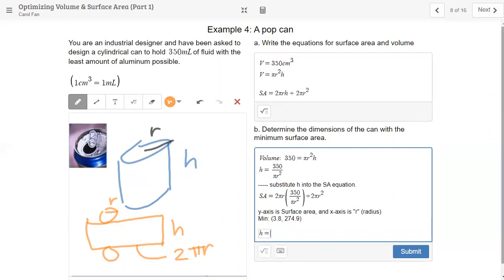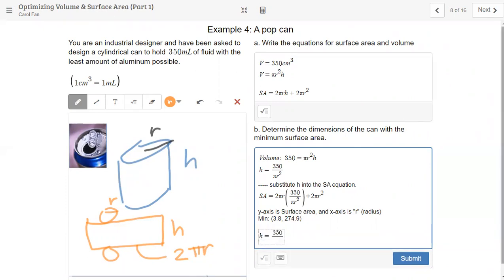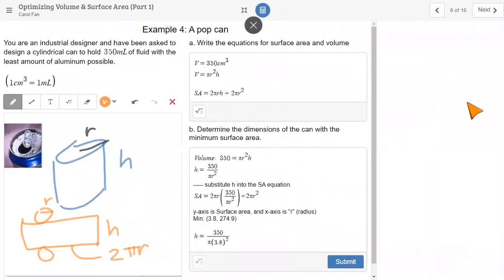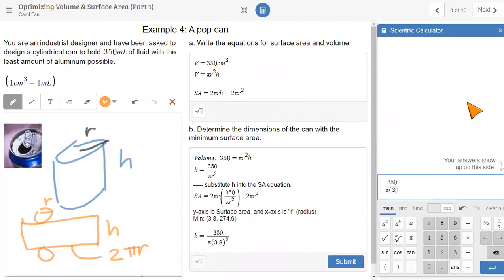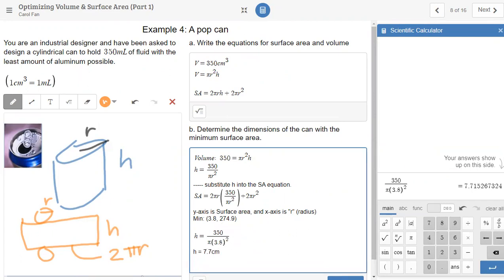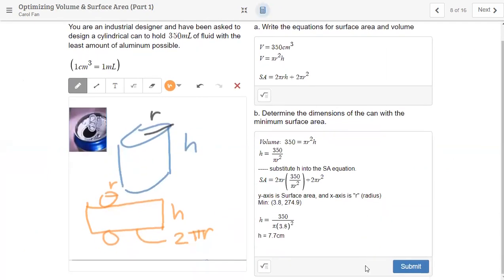So h is equal to 350 divided by pi times 3.8 squared. So my height rounded is 7.7 centimeters. Right, now we have the dimension.